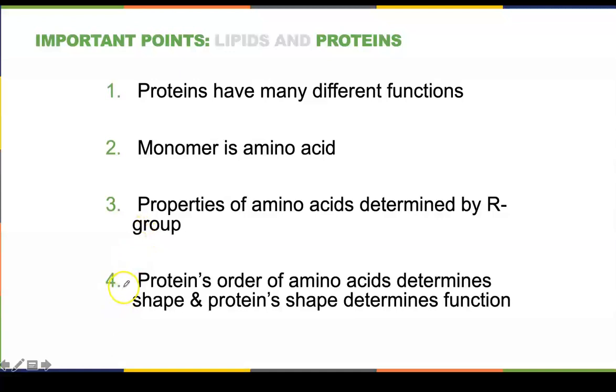And finally, the protein's order of amino acids is going to determine its primary structure, and that will determine its secondary structure, its tertiary structure, and its quaternary structure. And all of those structures together will determine an enzyme's function.